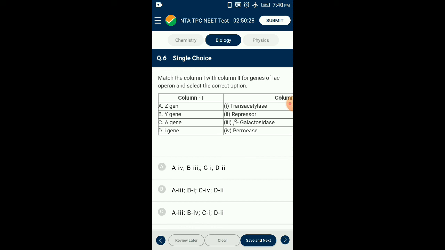The i gene is the regulatory gene that produces repressor protein. It inhibits the expression of the structural gene. Such regulation of gene is called negative regulation. The structural genes include z, y, and a genes that produce beta-galactosidase, permease, and transacetylase enzymes respectively. So the answer for this question is option C. Option C is correctly matching.